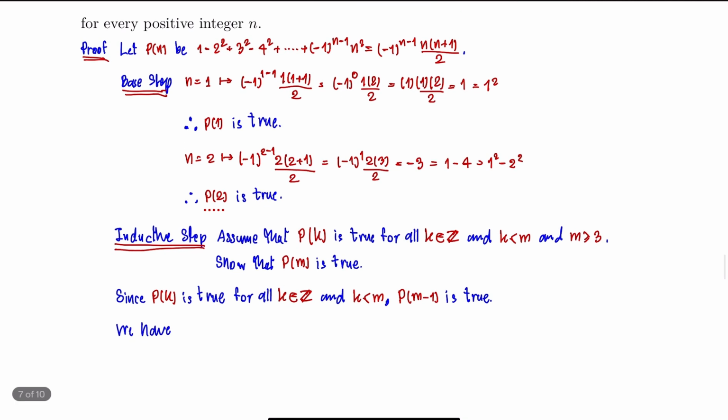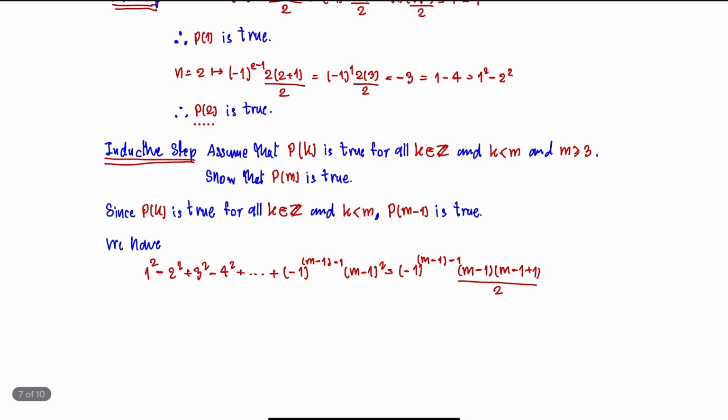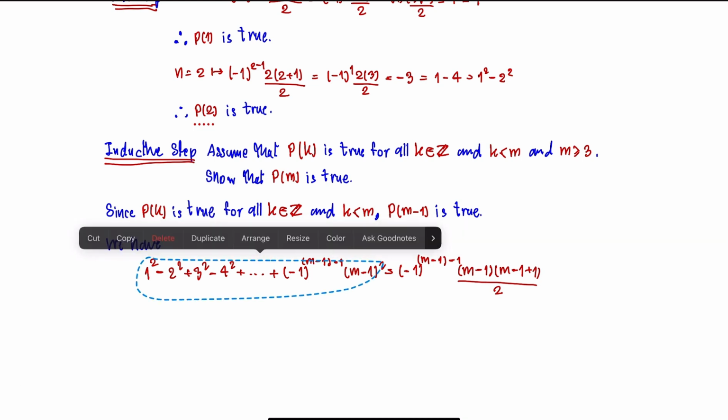So we're going to have 1 squared minus 2 squared plus 3 squared minus 4 squared, and so on, all the way to minus 1 raised to the M minus 1 minus 1 times M minus 1 squared, which equals minus 1 raised to the M minus 1 minus 1 times M minus 1 times M minus 1 plus 1 over 2. Simplify this equation.